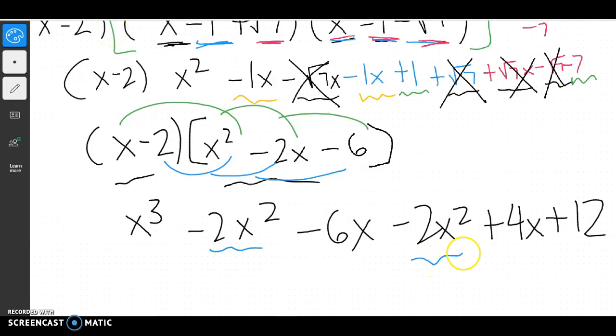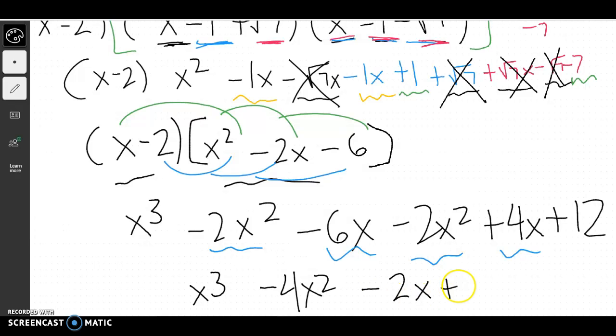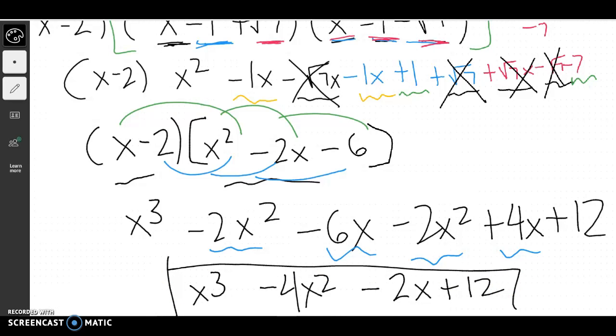Those combined. We would get x cubed minus 4x squared minus 2x plus 12. And there's my final answer.